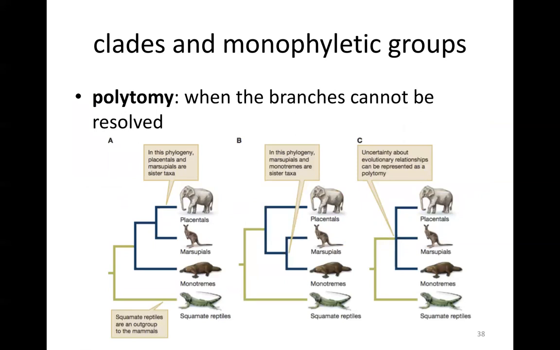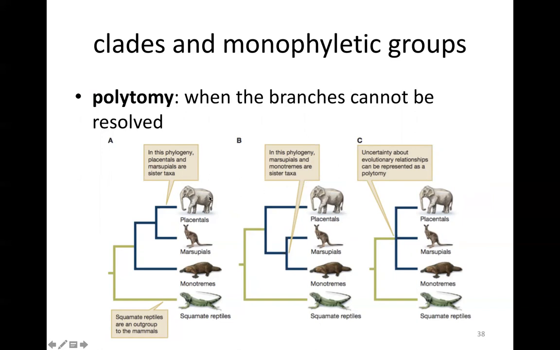Okay, but the main point in this part of the chapter is about the structure of different groups. We'll learn a couple of terms. One is polytomy. Polytomy is what we were discussing before.